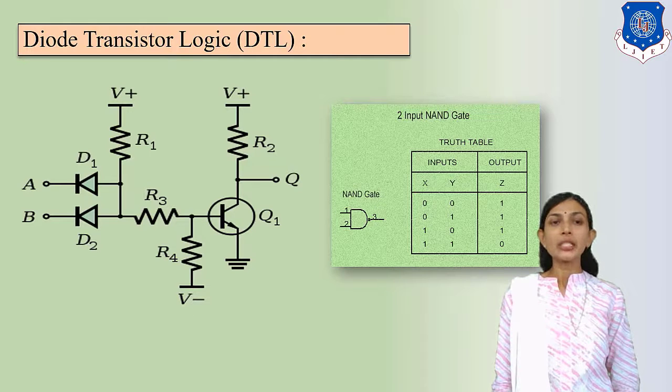Also, you can see negative minus B is applied to the base terminal of the transistor, so Q1 is also reverse biased. Low input is applied to the P terminal of the base of Q1, and that's why again it is reverse biased.